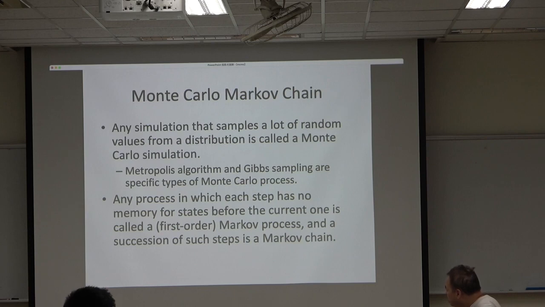So any process in which each step has no memory for states before the current one is called a Markov process. And a succession of such steps is a Markov chain. Remember, in the Metropolis algorithm, let me use the simple case, the partition moves to either the left side or right side of its island, right?